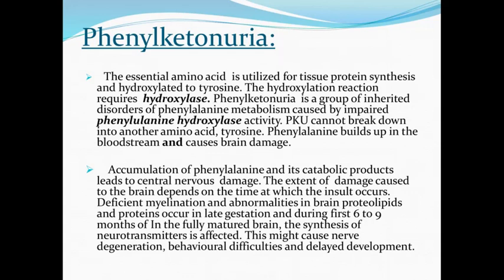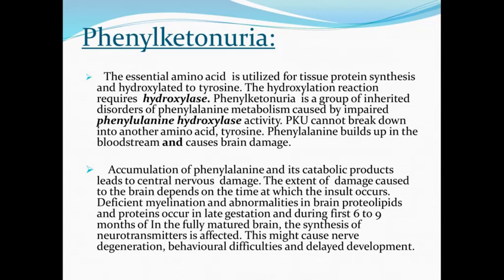Next point, accumulation of phenylalanine and its catabolic products leads to central nervous system damage. The extent of damage caused to the brain depends on the time at which the insult occurs. Deficient myelination and abnormalities in brain proteolipids and proteins occur in late gestation and during the first 6 to 9 months of life.